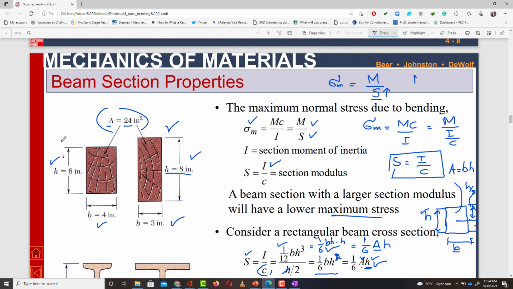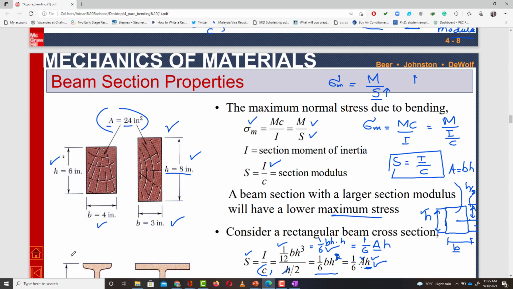Clear? So it means that if you have two beams of the same area, you have to select the beam having high height. Clear?